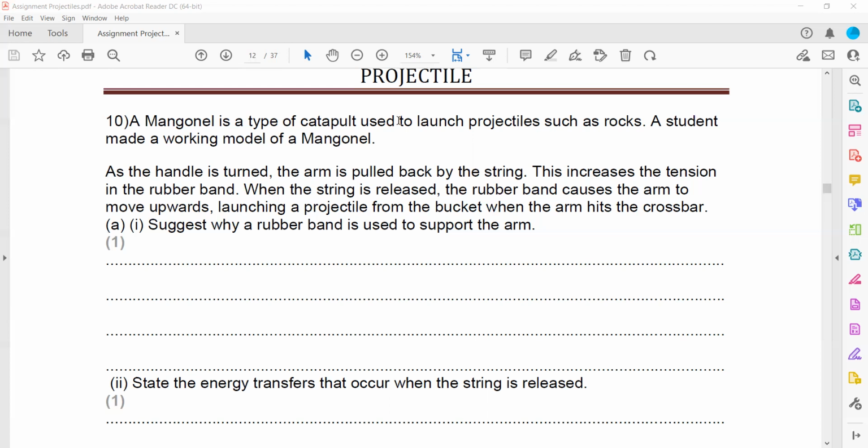And another tendency of a rubber band is that it can transfer its elastic strain energy easily, as it can deform. So the idea of using a rubber band is that it can store elastic strain energy and transfer that elastic strain energy easily, so the projectile can be launched.